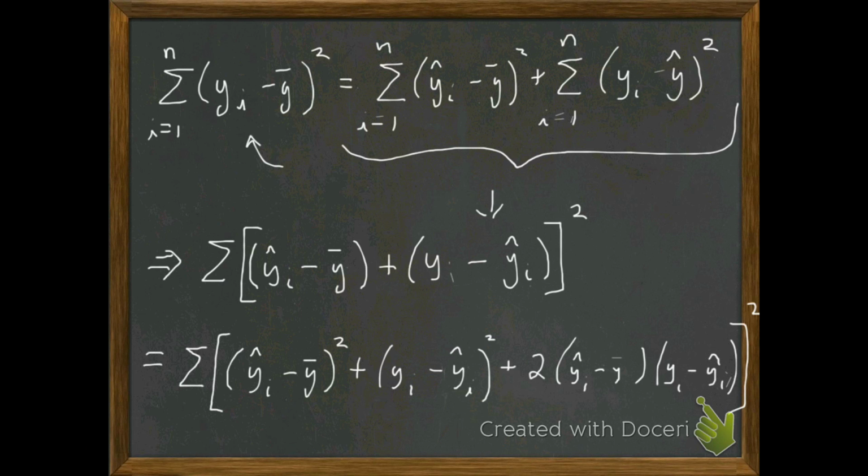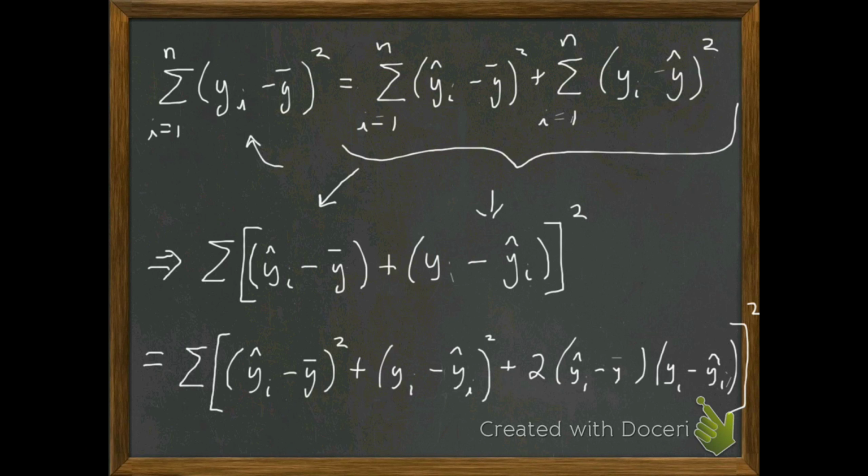Now, just like what we did from this step to here, we used a property of summations that the sum of the parts is equal to the sum of the total. What we're going to do here is take the sum of the total inside and break it down into the sum of the parts.